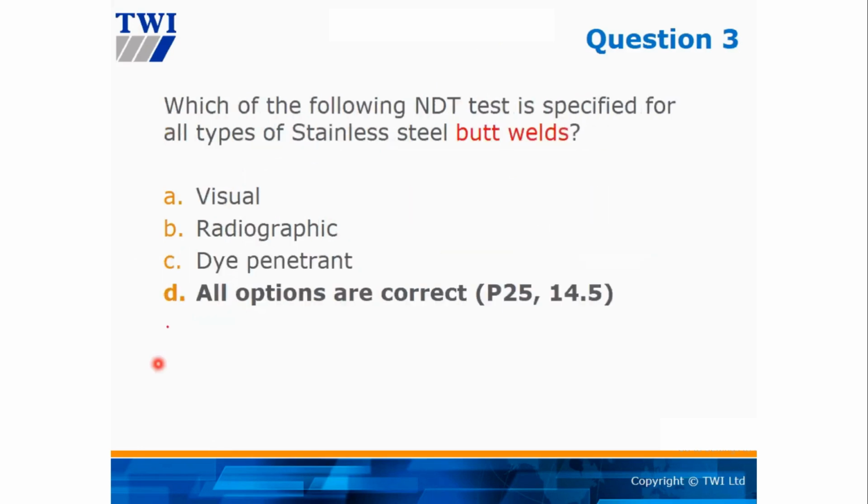All right, number 3. Which of the following NDT is specified for stainless steel in butt weld? To answer this, we need to look at the stainless steel details, in page 25, section 14.5.